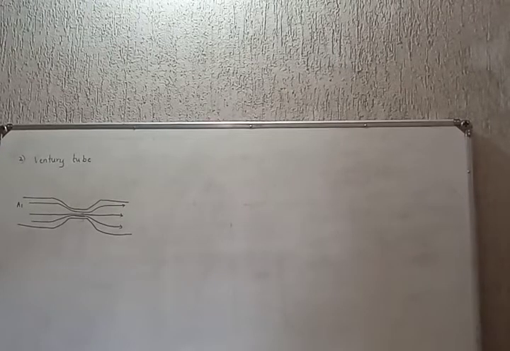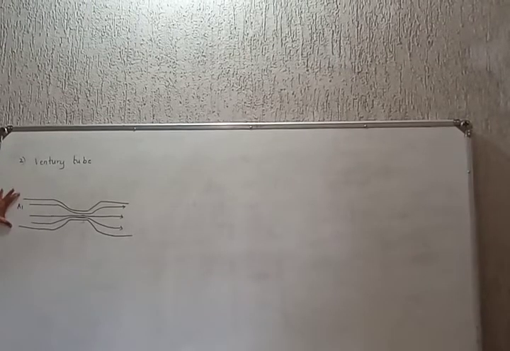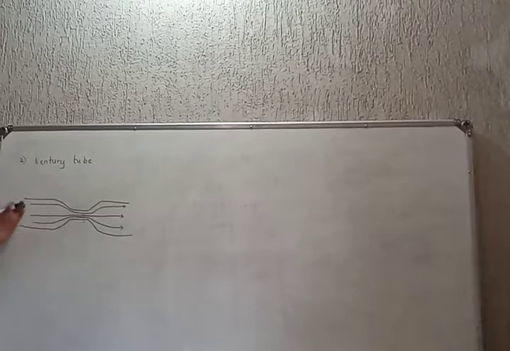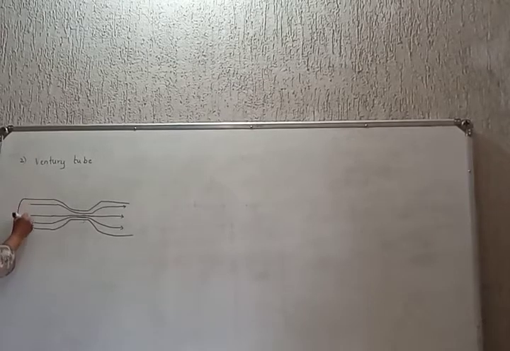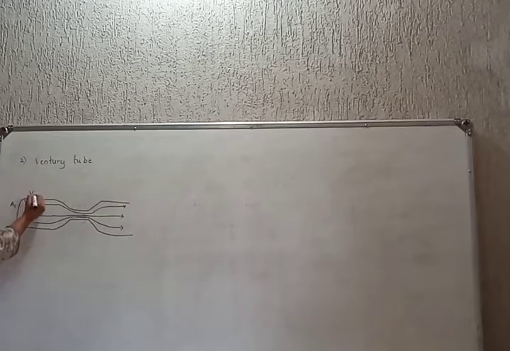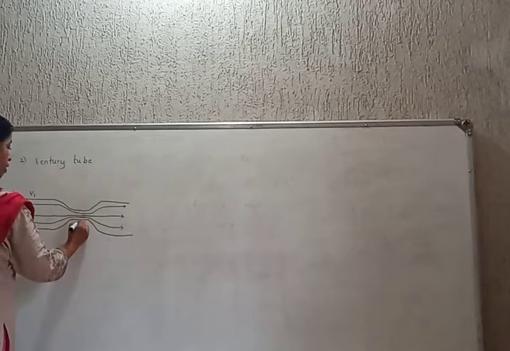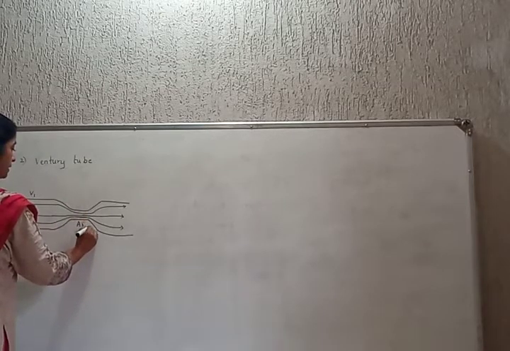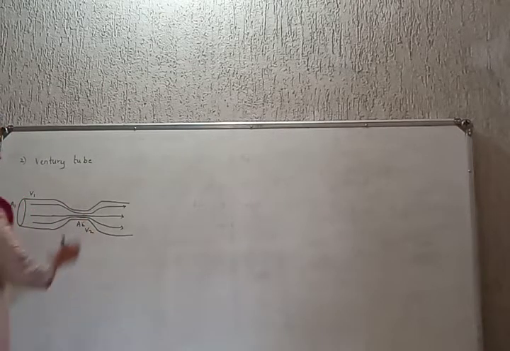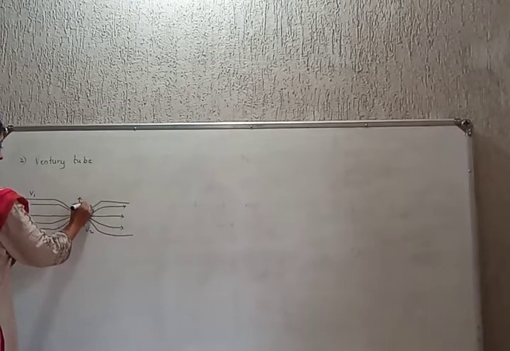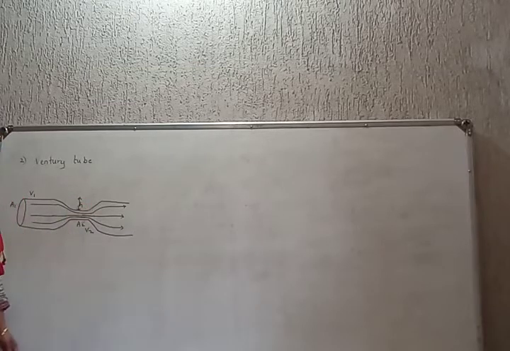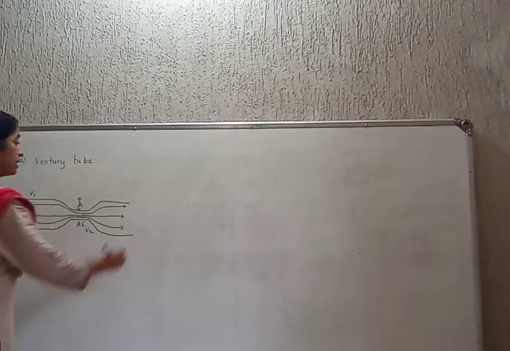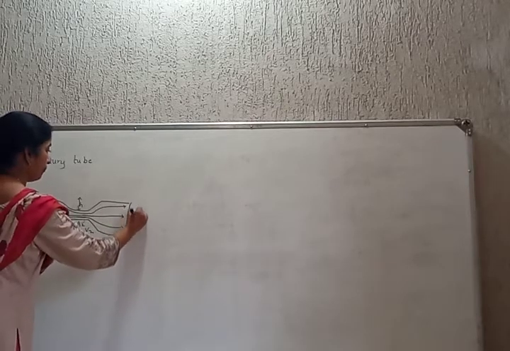Okay, speed calculate करण्यासाठी. This is the broad end of area of cross section A1 with V1 as the speed. This is the constricted end with area of cross section A2, speed V2. कळतं? This is the height here, height of the liquid level. That's it. This is another application of Bernoulli.